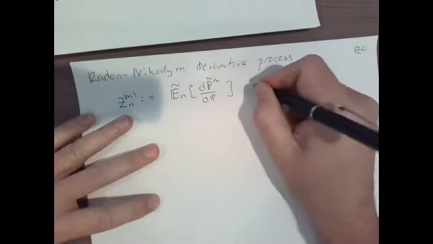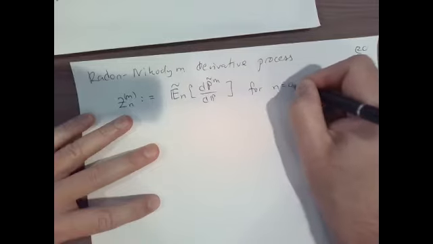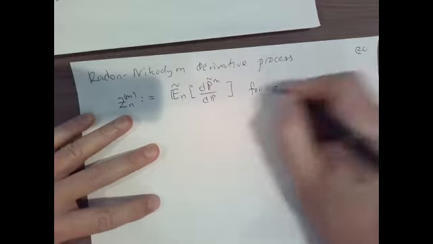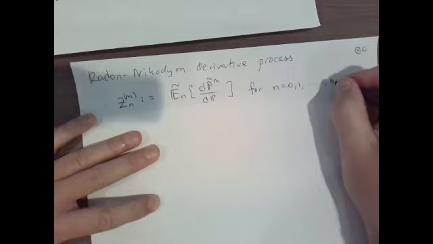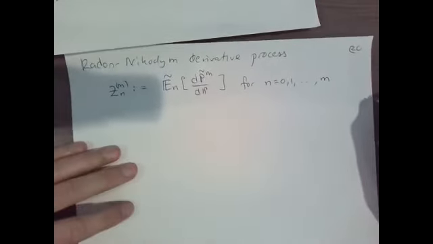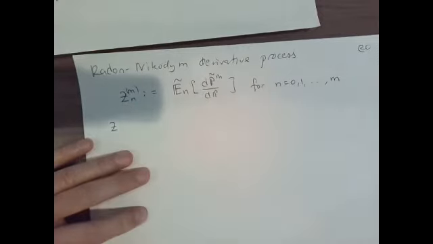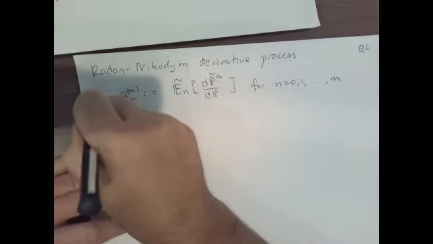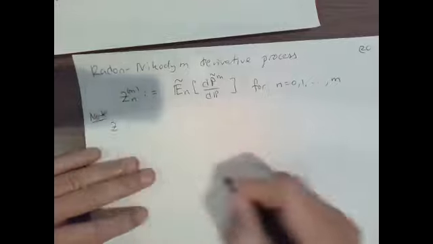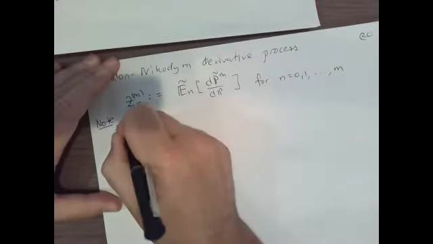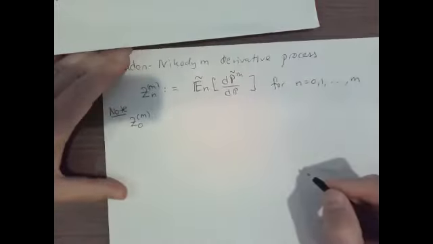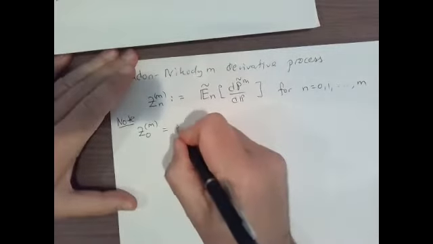This is defined for n being 0, 1, all the way up to M. And so something to note is that if I look at it at the first one, now this is just going to become the expectation.